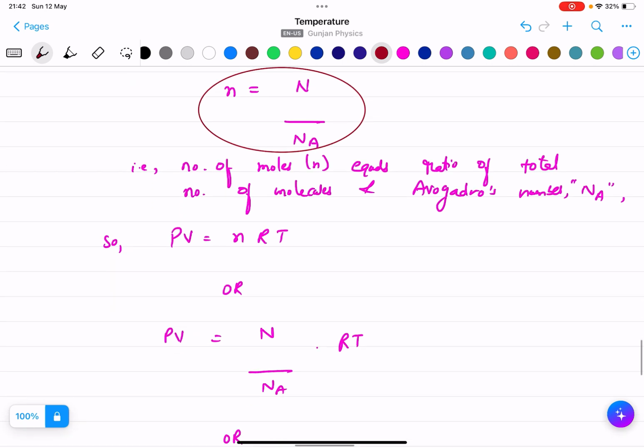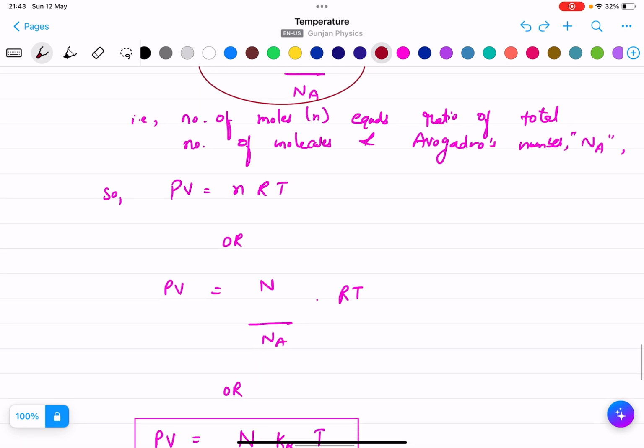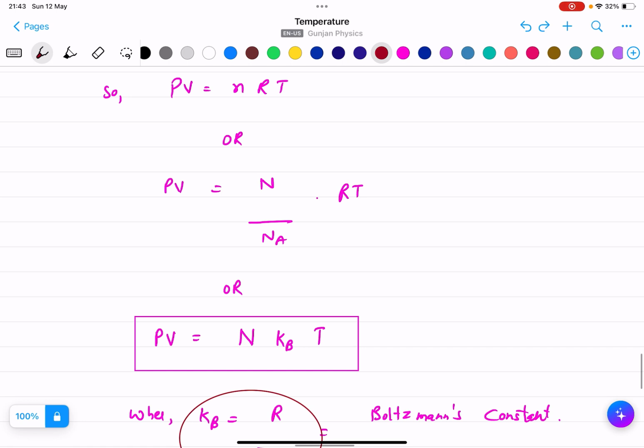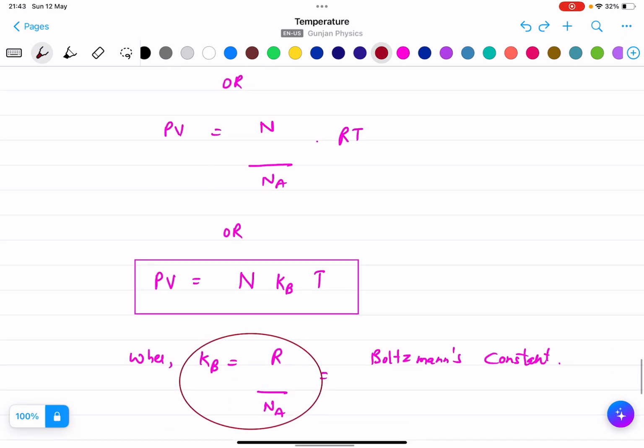So can I write PV equals capital N over Na into RT, just placing this value of n? Or I can write PV equals N Kb T. Now what is Kb? Kb equals R over Na, which is the Boltzmann constant. I've replaced R over Na with Kb. So this is the Boltzmann constant.